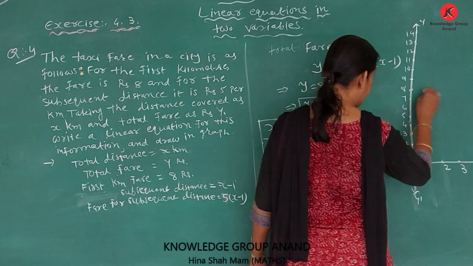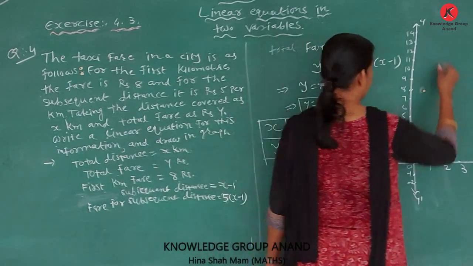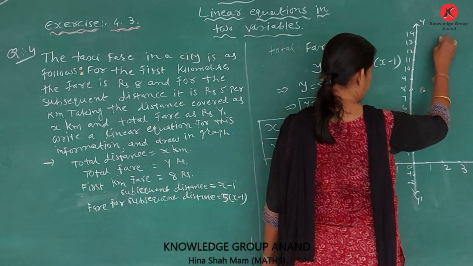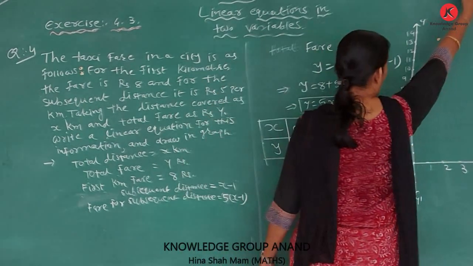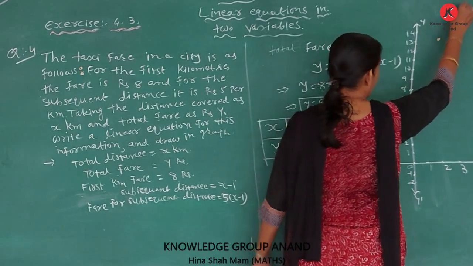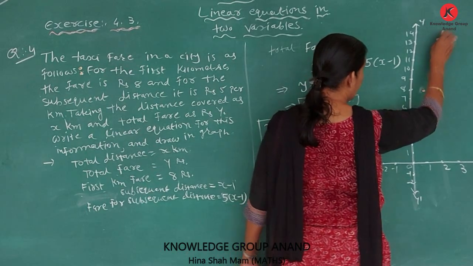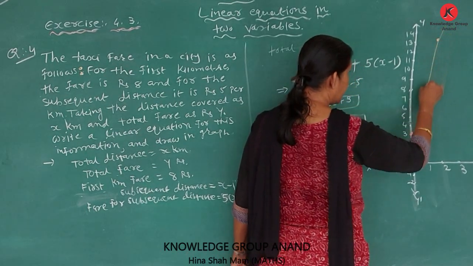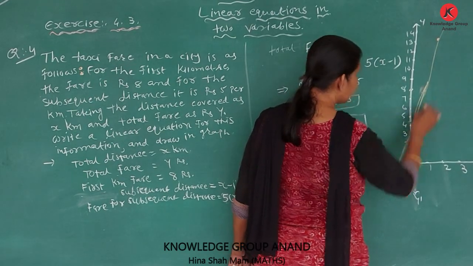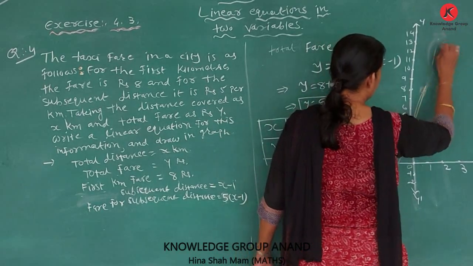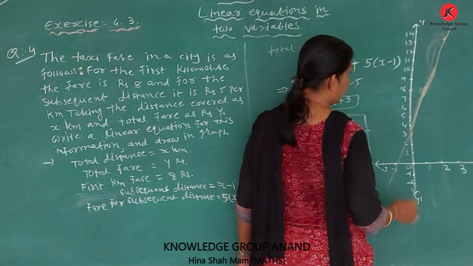It is here. 2, 13. 3, 18 is on this. We draw this graph using a pencil. Use a pencil on this graph paper.